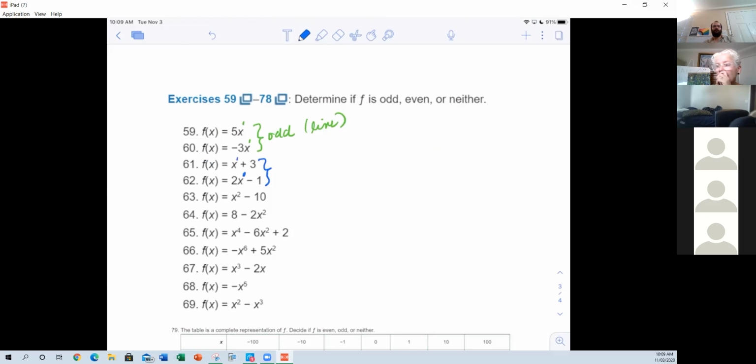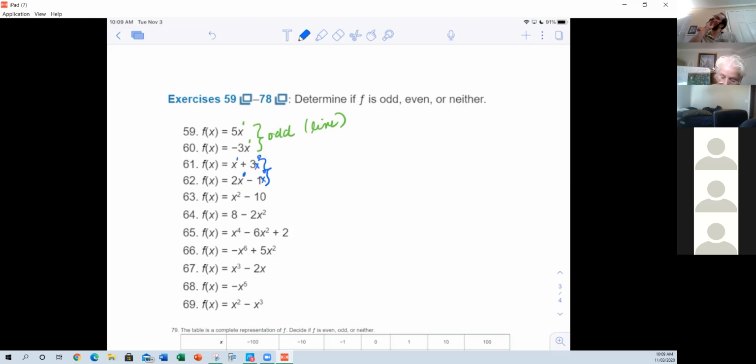If the exponent is odd and it's a polynomial, then it will be odd, unless we've got a constant, which always counts as even, right? So here we've got x to the first plus 3x to the 0, 2x to the first minus 1x to the 0. So the exponents are mixed, a mixed bag. So it'd be neither, exactly.